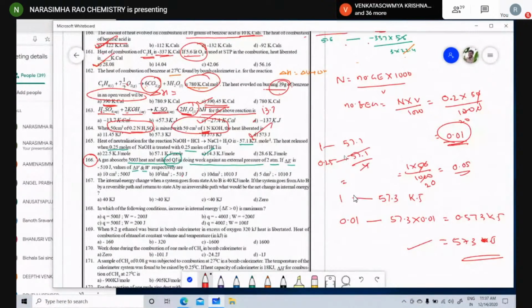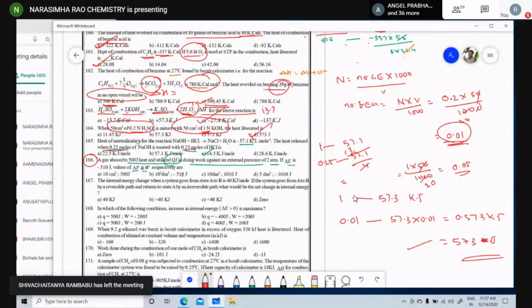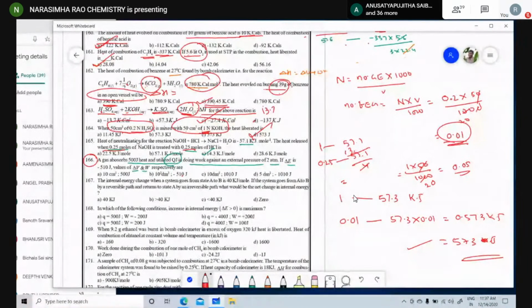So it is 14.3, right, 14.3. For 0.25 moles it is 57.1 by 4. 14.275 is the answer.